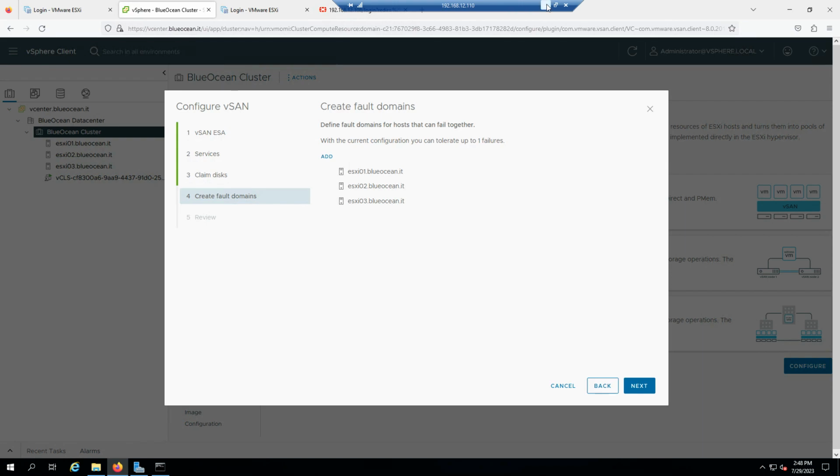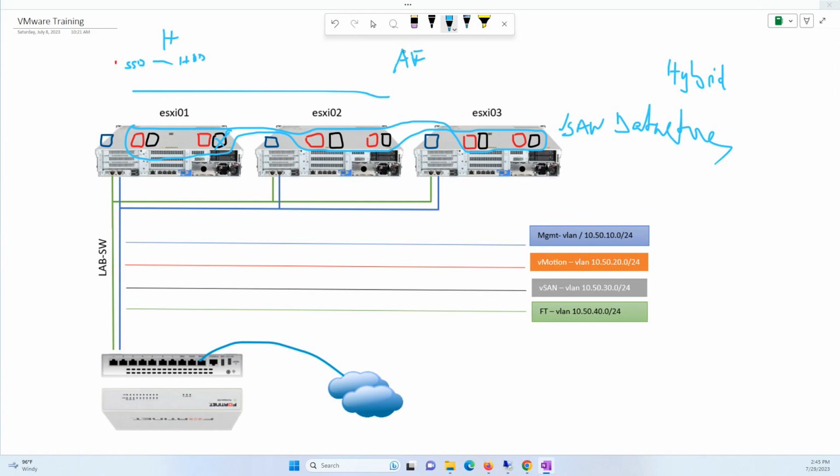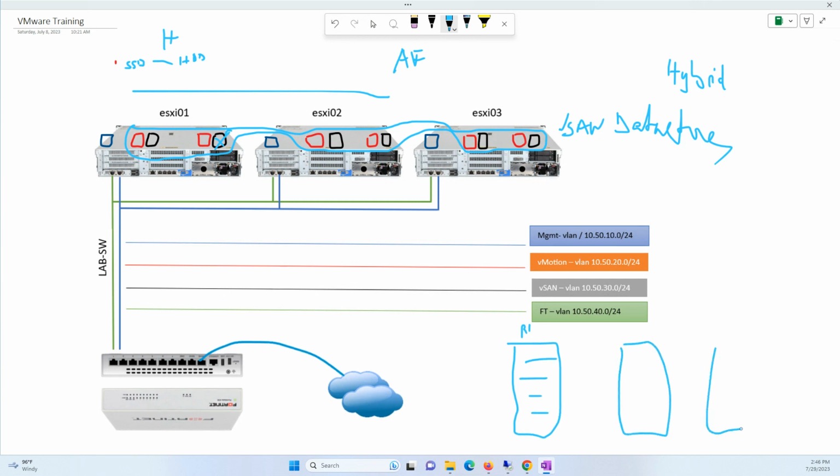But I can have, let's go to the design, what I call the rack domain. Rack domain means I have a rack with many servers. I can have four racks, for example, or two or three or four. So I have four racks that have servers on them.